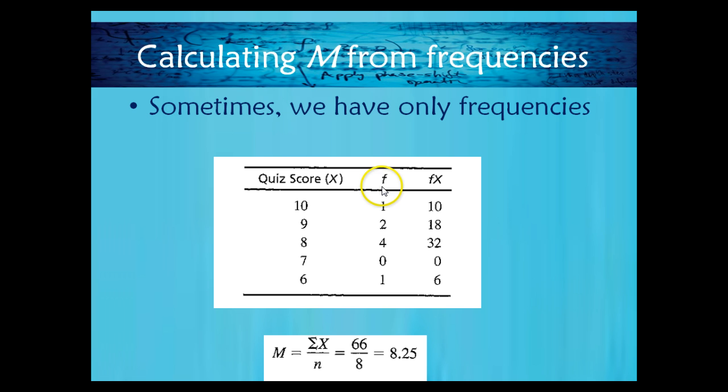F equals frequency, so 1 plus 2 plus 4 plus 1 will give you the value of 8, or the n. So that's another way to calculate mean if you are only supplied with the frequencies and the values of x. They're saying that there's one value of 10, so it's 10 here, and there are two values of 9, which gives you 18, and four values of 8, which gives you 32, and so forth. That's just a worked example, not too common, but just for future reference.